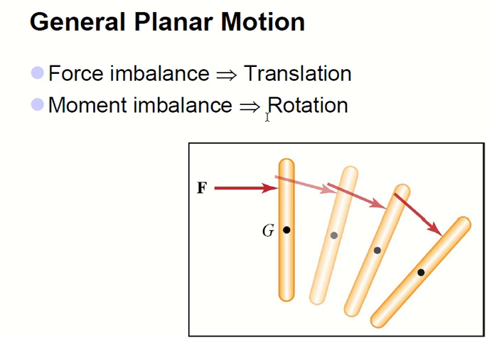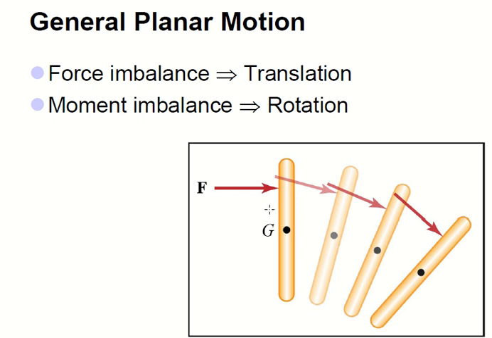So make sure that you get this translation and rotation, two different types of motion, and we call these two combined general planar motion. So you have translation, so go and translate from here to that position, and at the same time your moment is not in stability, so it will also rotate.